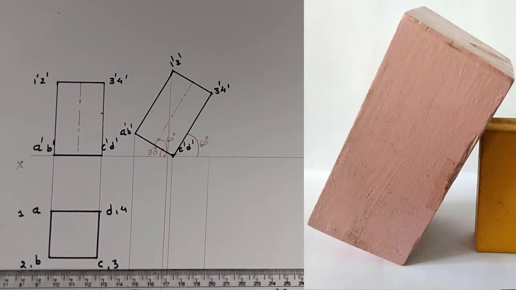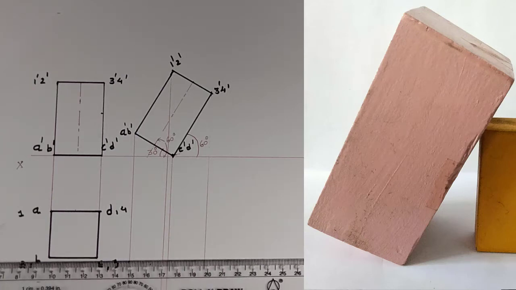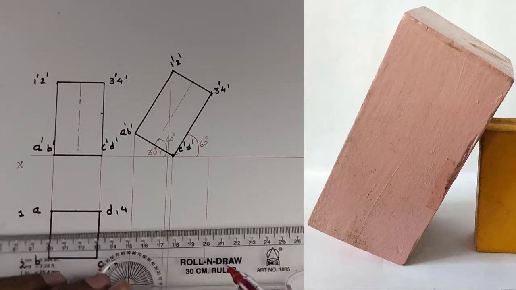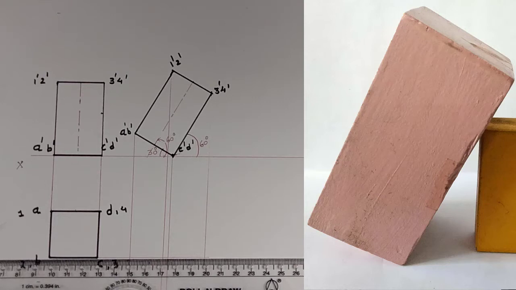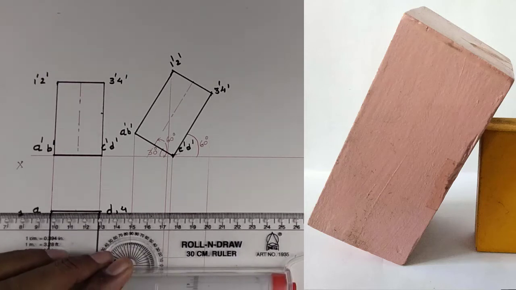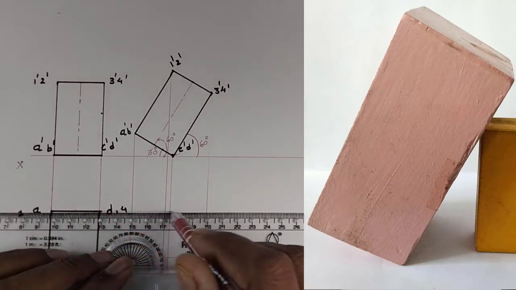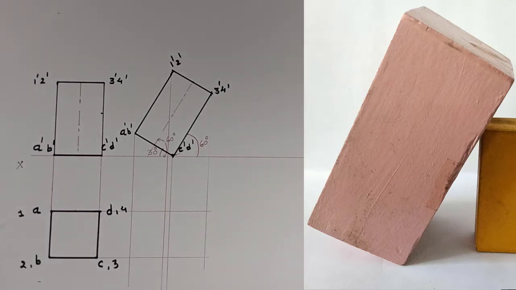Now you can project your horizontal projection from previous plan. And mark your respective intersection points.